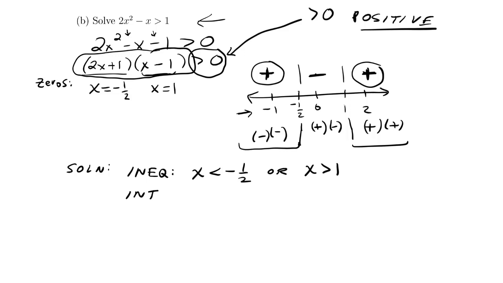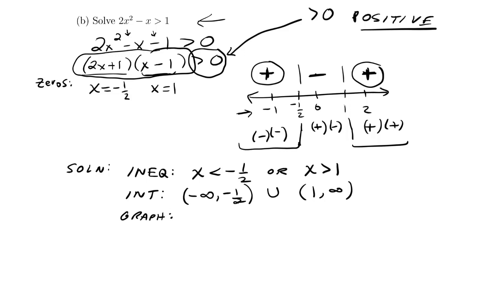In interval notation, so x less than negative 1/2 would be negative infinity to negative 1/2 open. And then x greater than 1 would be 1 to infinity open. And these two intervals together make the entire interval solution.